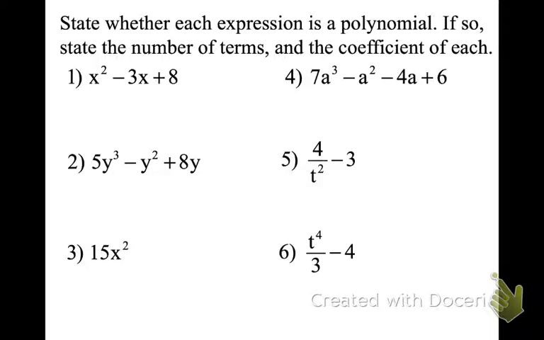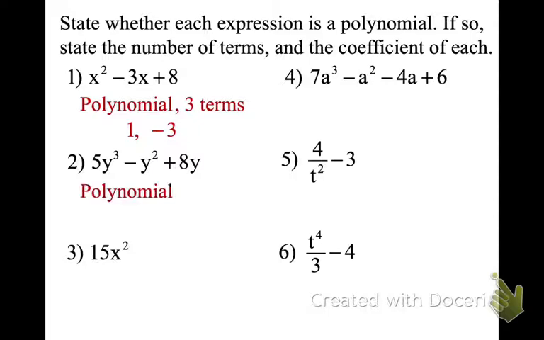So this is a polynomial, there are 3 terms, and the coefficients are 1 and -3. Number 2, it is a polynomial. It has 3 terms, and the coefficients are 5, -1, and 8.